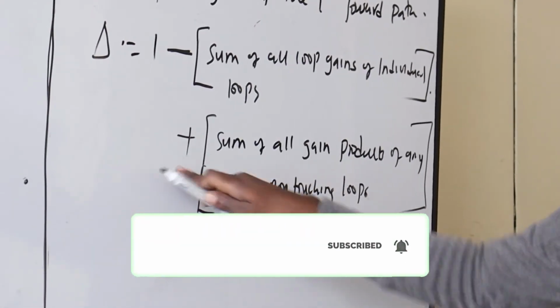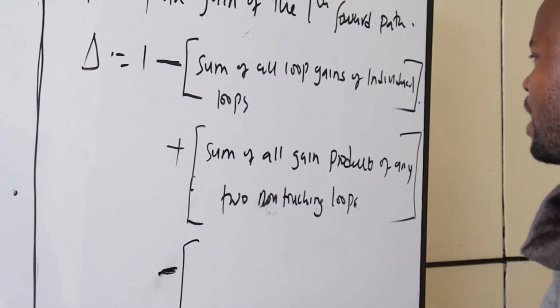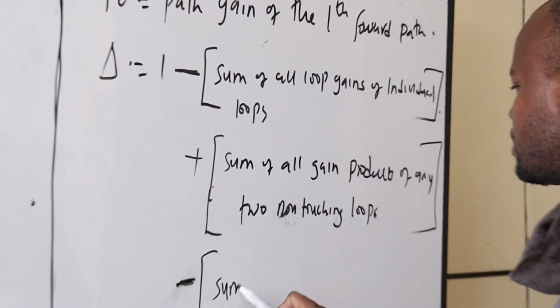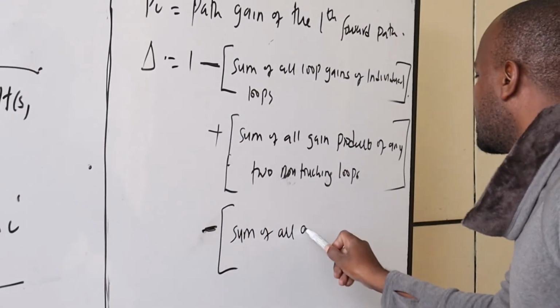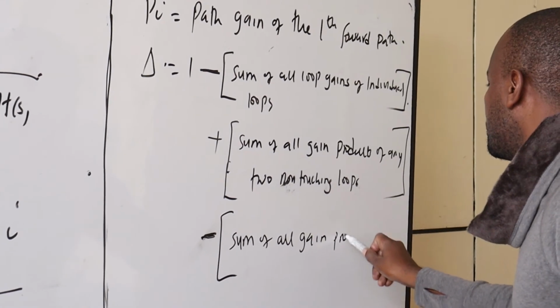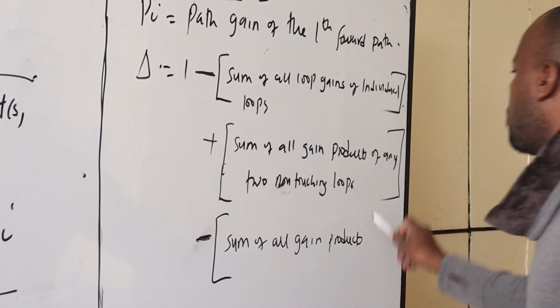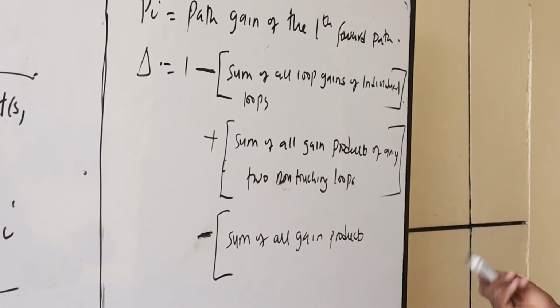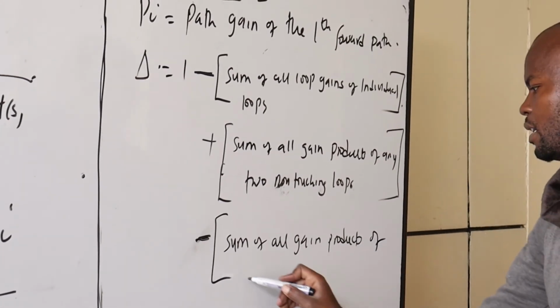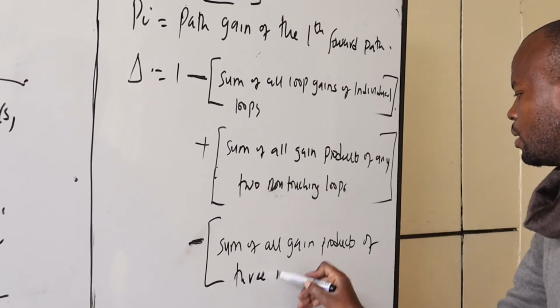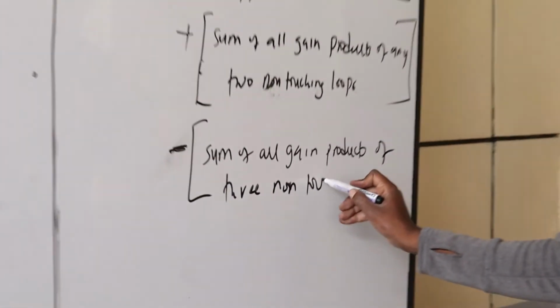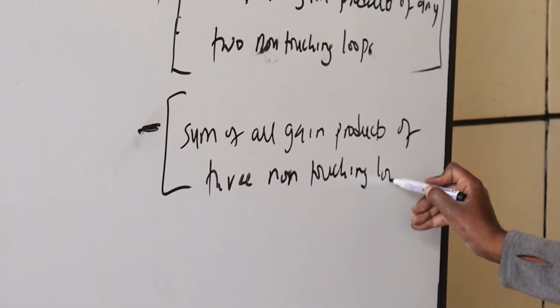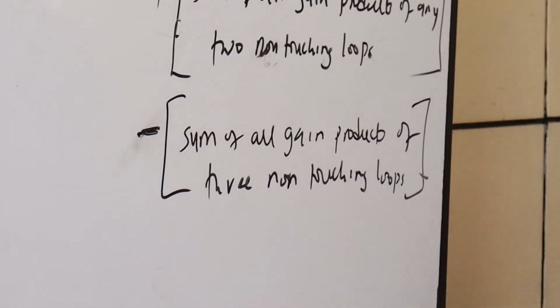So that one was plus, this one becomes minus: the sum of all gain products of any 3 non-touching loops. Then from there it continues.